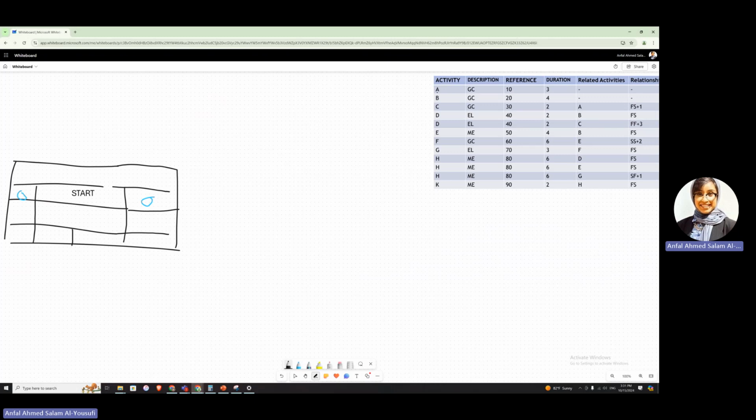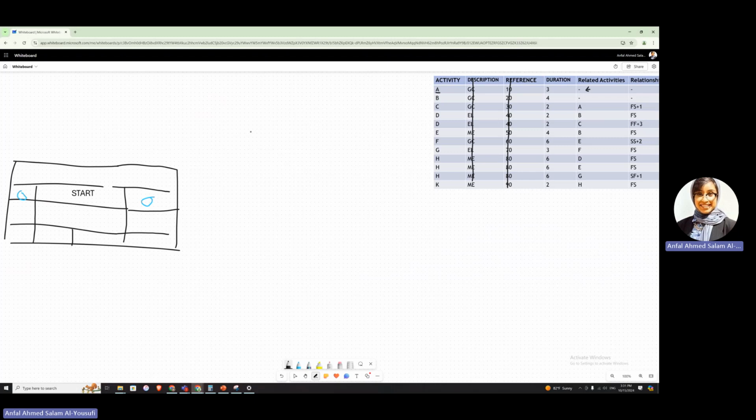So we can see in activity A, we have a description, which in this case we are just going to ignore, as well as the references. We're not going to consider these two rows. We're going to go directly to the duration, related activities, and relationship. If we check the related activities in here, it says there is nothing.